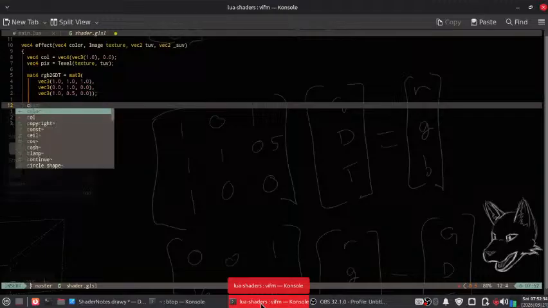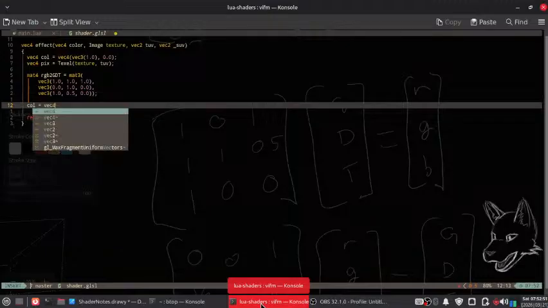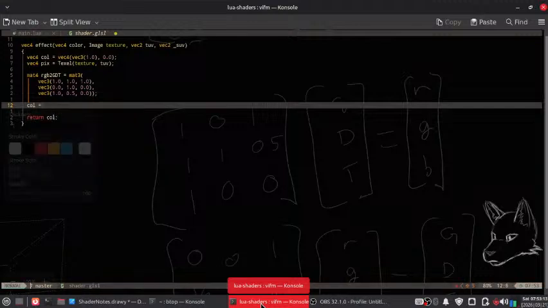And then col is equal to vec 4. I mean, I could do RGBA to GDTA, which is literally just zeros upon the board. I think that would be the better way of doing it.